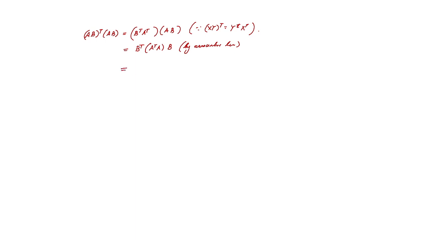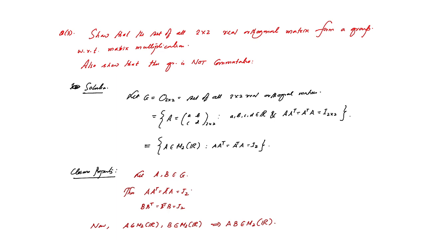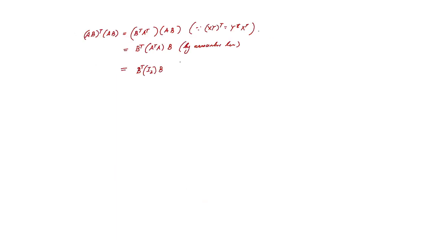Now A transpose A is basically identity. So B transpose I B. Why? It is given A transpose A equals identity. So this is Roman 1 and Roman 2. By 1, it is given A transpose A equals identity.